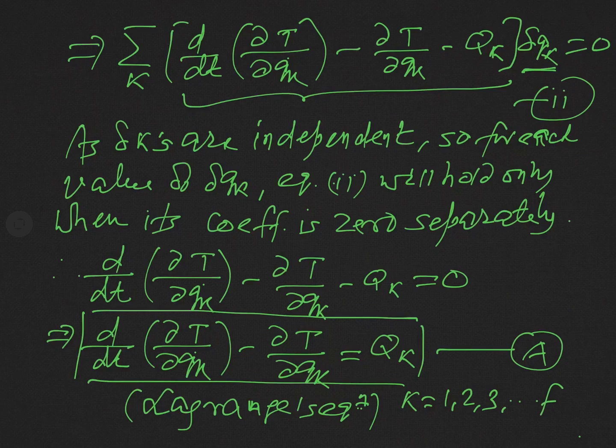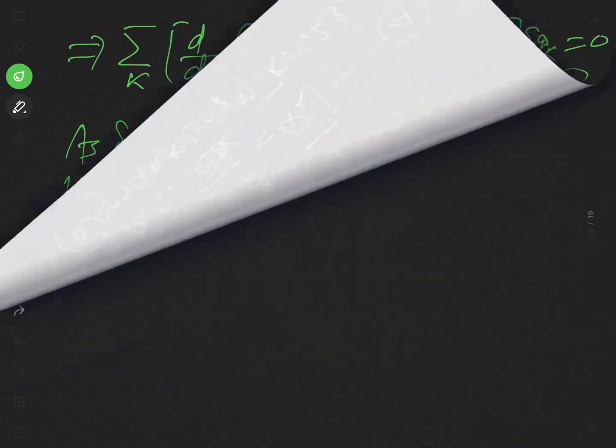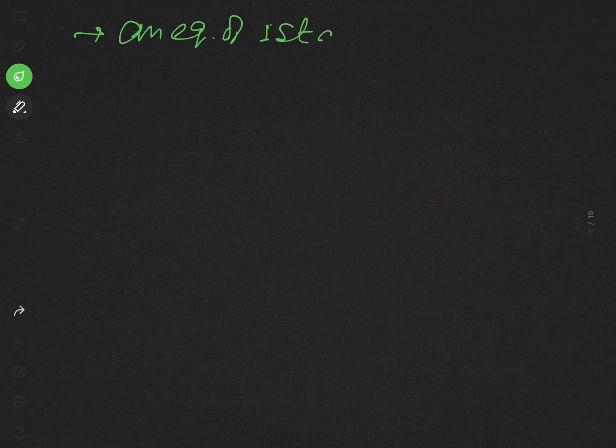For different values of k, we will write it. So if a system has f degrees of freedom, then the number of Lagrange equations for that system will be equal to f. So this equation is an equation of first degree and second order.